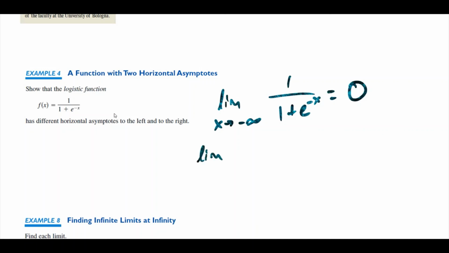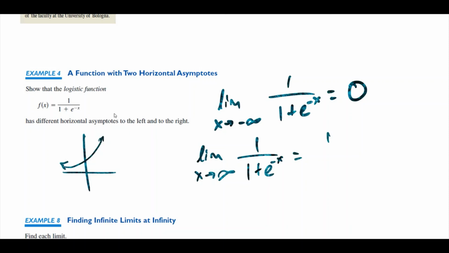So similarly, as x goes to positive infinity of 1 over 1 plus e to the negative x, we're putting in infinity for x. That means that we're looking at e to the negative infinity, and according to what we know about the end behavior of e to the x, if we're going e to the negative infinity, that's getting closer and closer to 0.